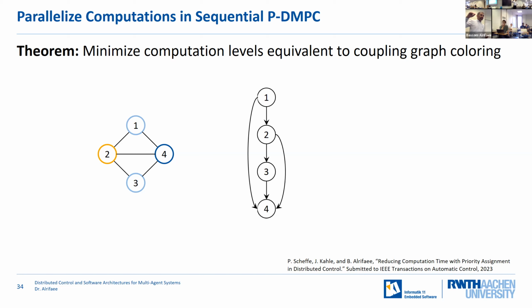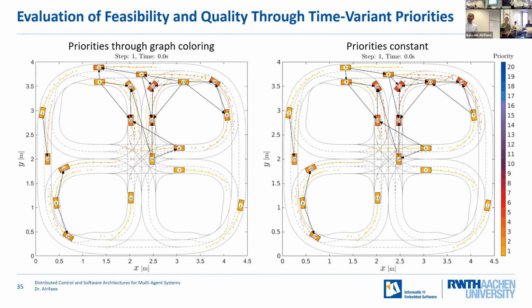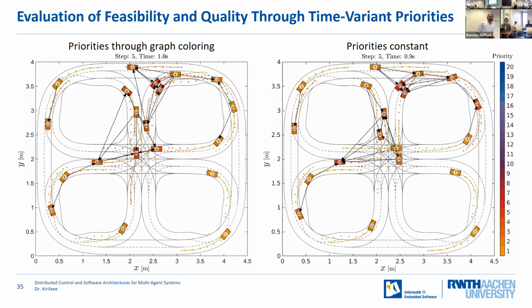So that means we are looking for, in our case, the minimal number of computation levels. We did this, and computer science students know the graph coloring problem is NP hard. What can we do? We can use some heuristics to solve it. So we did so, and we get this exciting scenario.